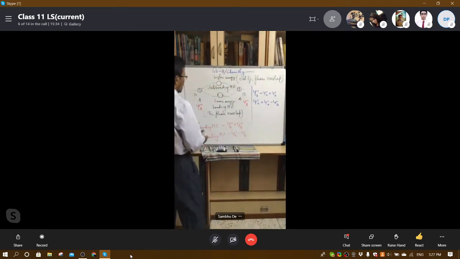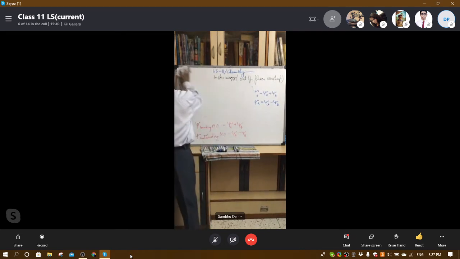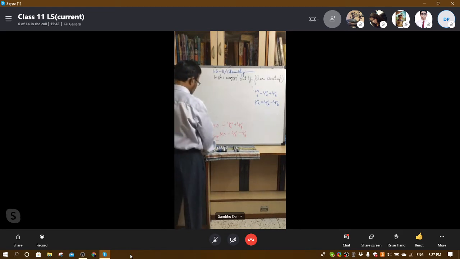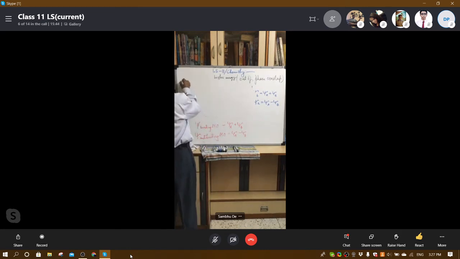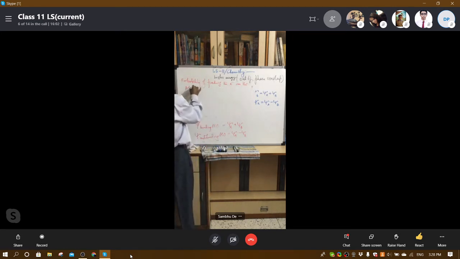I'll grab this part now. So now, the probability of finding the electrons in the MOs, molecular orbitals. What is that?